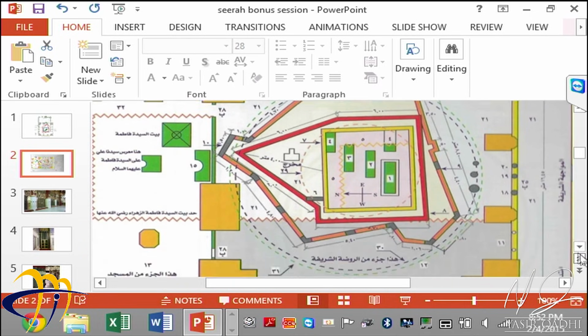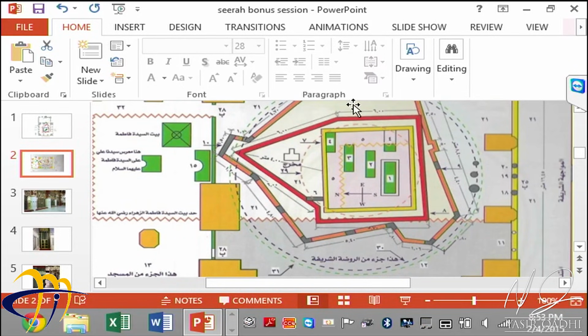Now, this is the original house of Aisha, either protected by or replaced by the thick black cubes built by Umar Ibn Abdul Aziz. This as well is the pentagonal structure built by Umar ibn Abdul Aziz.